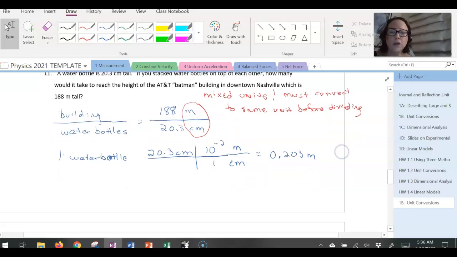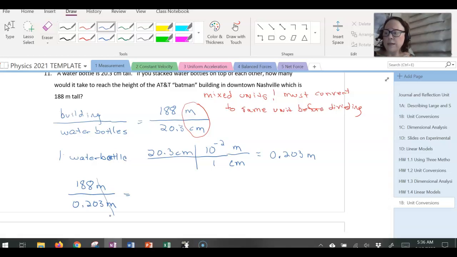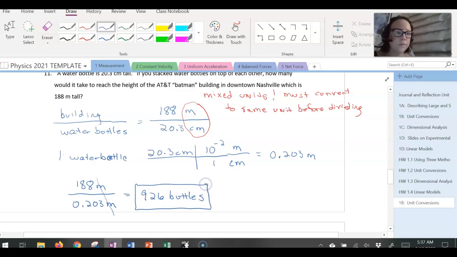Now I can go back and do that ratio. 188 meters divided by 0.203 meters. See, now the meters cancel, and I'm going to be left with the number of bottles. So 188 divided by 0.203, and I get 926 bottles. I'm just rounding to the nearest whole bottle.